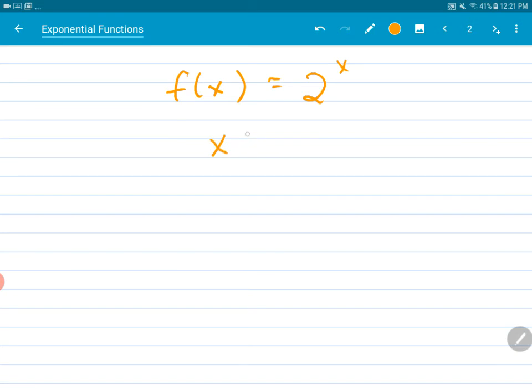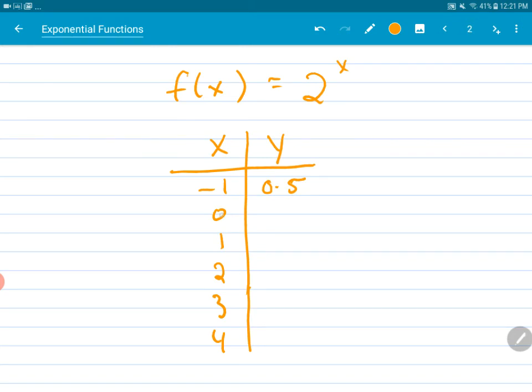So if we make a table of values, let's do -1, 0, 1, 2, 3, and go up to 4. If we plug those x values in, 2 to the power of -1 gives 1/2 or 0.5. 2 to the power of 0, remember that 0 rule, anything to the power of 0 is 1. 2 to the power of 1 is 2. 2 to the power of 2 is 4. And we have 8 and 16.